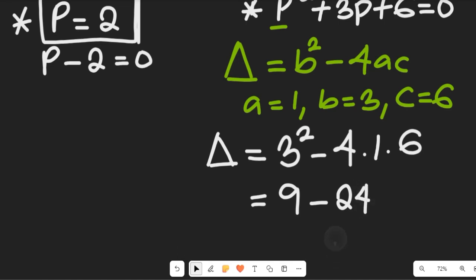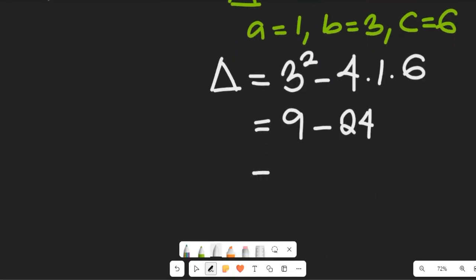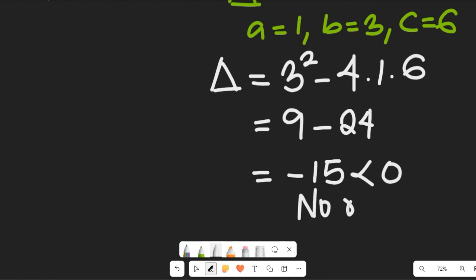So 9 minus 24 is going to give us negative 15, and negative 15 is less than 0. So since it is less than 0, we have no real solution, because the solution here is going to give us imaginary solutions.